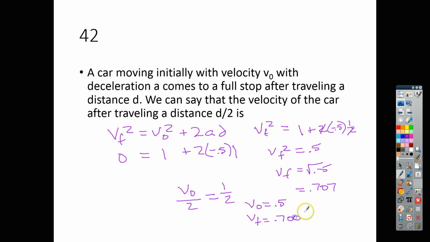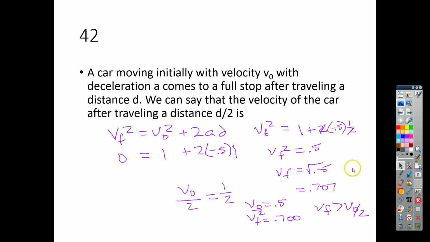It's 0.707. So your Vf is greater than Vo over 2, and that is the answer to this one. So that's very, very strange. Sorry, this is actually Vo divided by 2. Just a weird question, kind of a weird way of looking at it, but it actually works out pretty well.